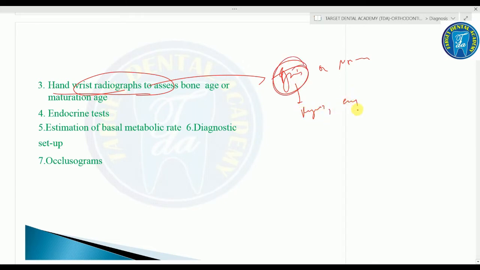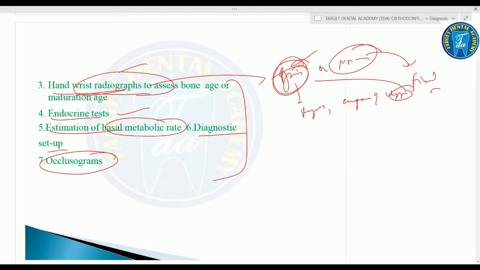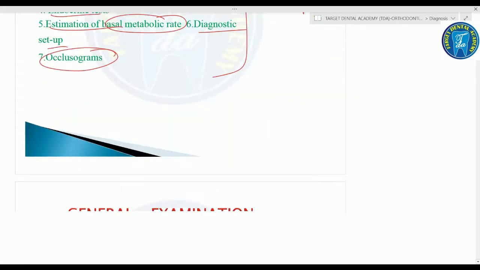We do expansion of the upper arch if the patient is growing, and in non-growing patients we can do the fixed ortho. So for that you need to take the hand wrist radiograph of the patient. Then the endocrine test, estimation of the basal metabolic rate, diagnostic setup and the occlusiogram. So these are the supplemental diagnostic aids.